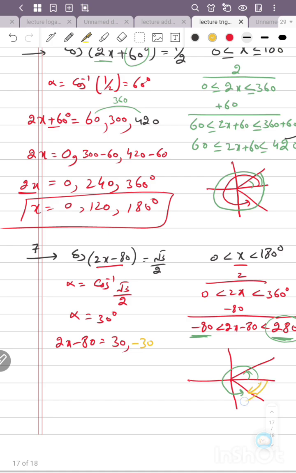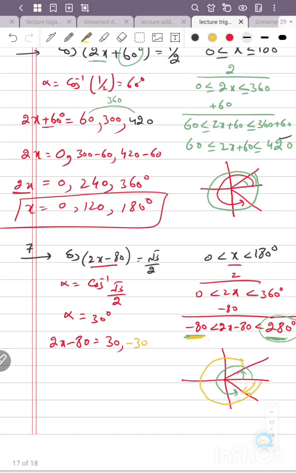When we move forward from here to here, we start from the first quadrant and go to the fourth quadrant. But our limit is only 80, so there is no need to move forward from the first quadrant through the second, third and fourth quadrants. We stay on the first quadrant only, because its limit is 80 degrees.